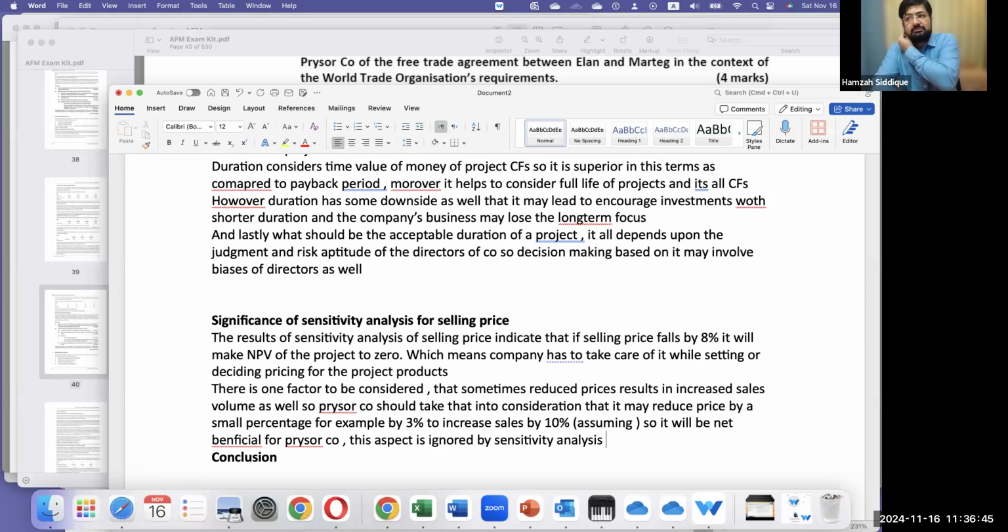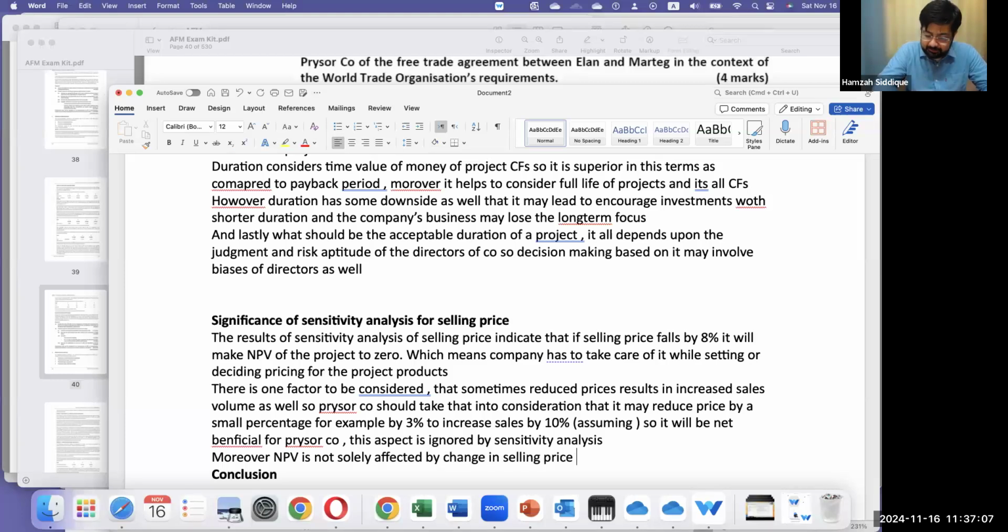Moreover, NPV is not solely affected by change in selling price, but other costs of the project as well.